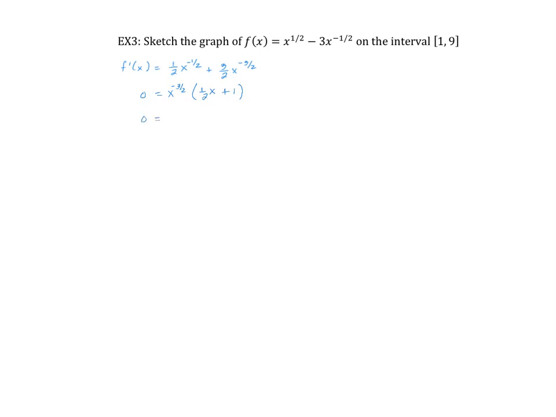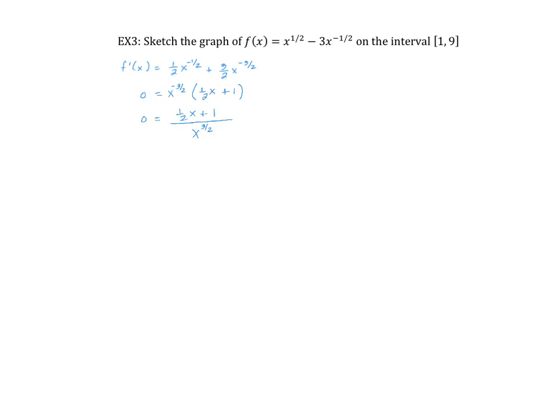Let me rewrite this into 1/2 x plus 1 in the numerator, and I'll go ahead and make the negative 3 halves exponent positive by dropping that into the denominator. So for me it's easier to see where this derivative is undefined.